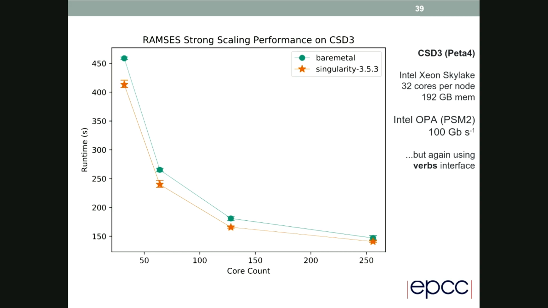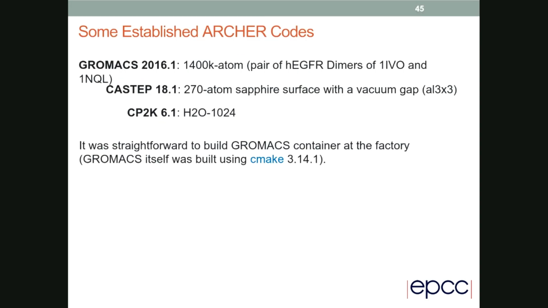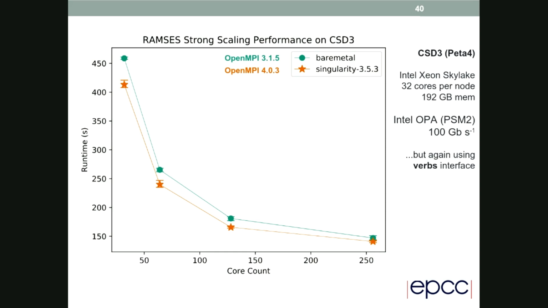The bare metal results I'd done quite a long time ago, and I'd only recently plotted them a few weeks ago, and I had to look into this. Whoops, I've just shot forward. What I found was there was a difference between the bare metal compilation of Ramses.